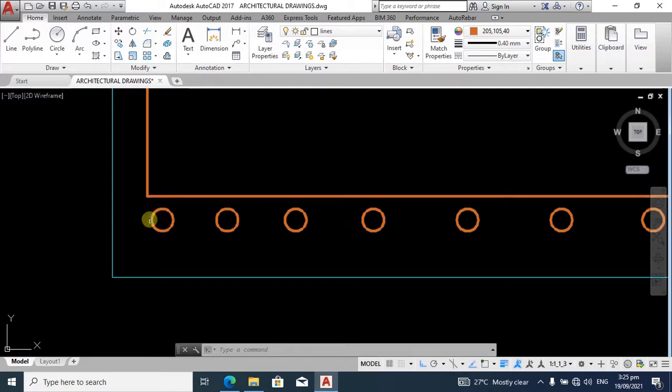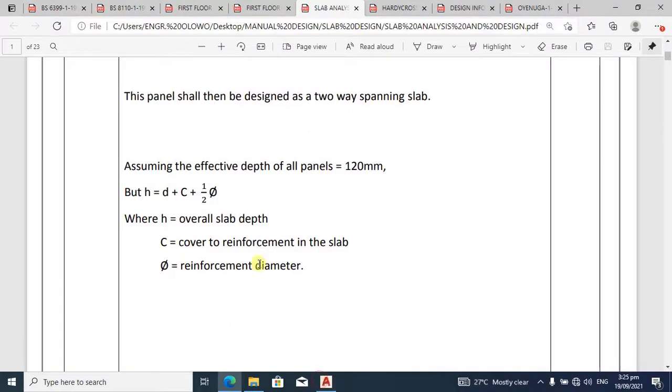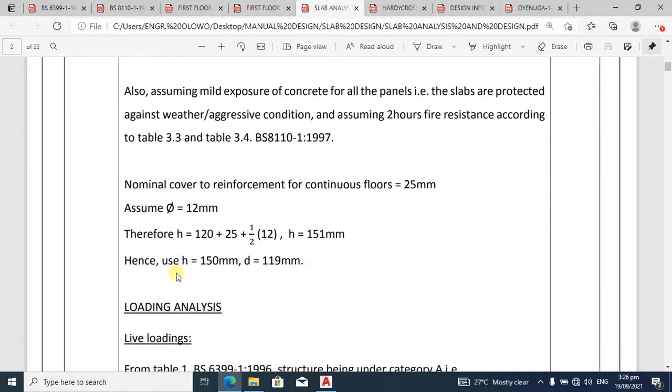We are going to assume a diameter for the reinforcement. Then after the analysis, if the reinforcement is not sufficient, we can increase the diameter. But let's see whether the reinforcement is going to be sufficient or not. So after assuming a depth of 150 millimeter for the slab, from there we can calculate our D. Or you can as well assume your D.